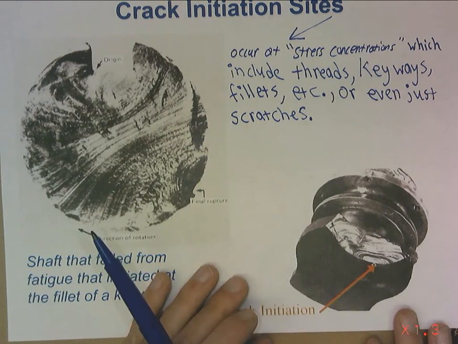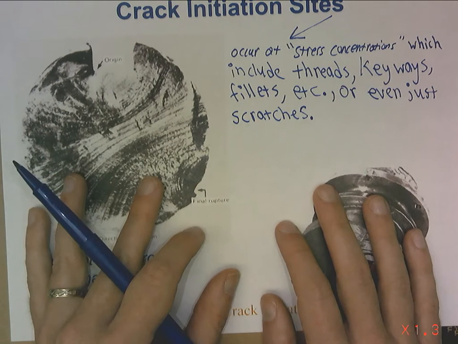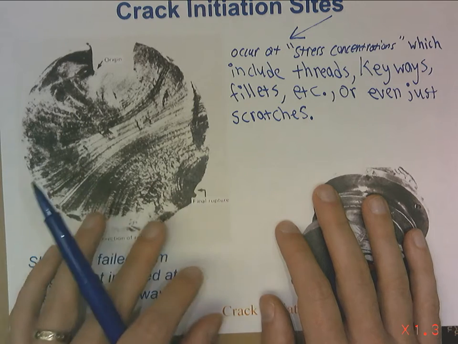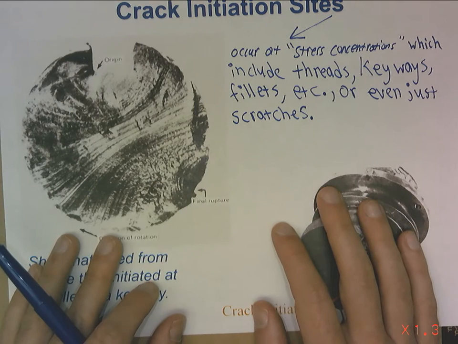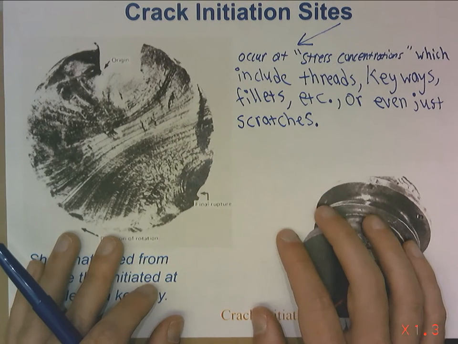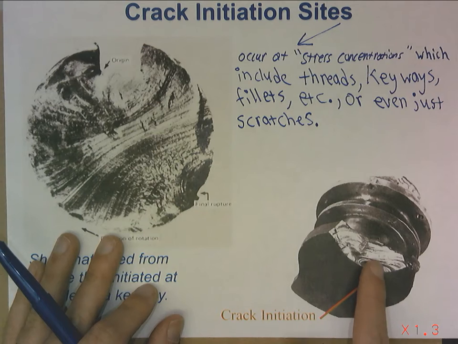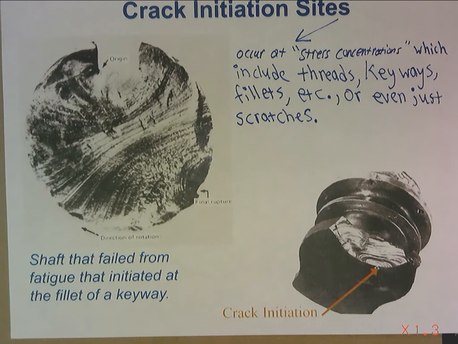So you're going to have these slides as a PDF file when I'm done, but also the original PowerPoint is on Canvas. Take a look at these and look at these patterns, because these are going to be important for identifying fatigue failures. So we'll look at a stress concentration example here in just a second.